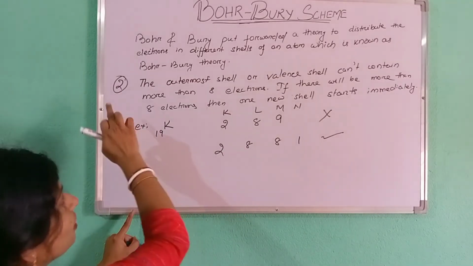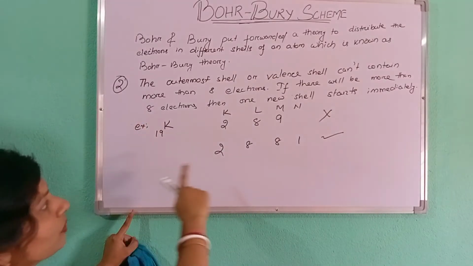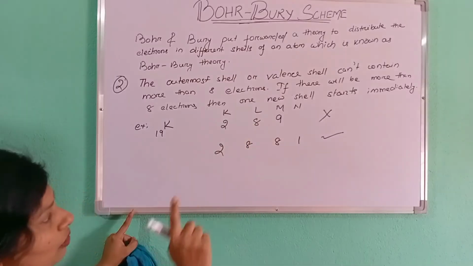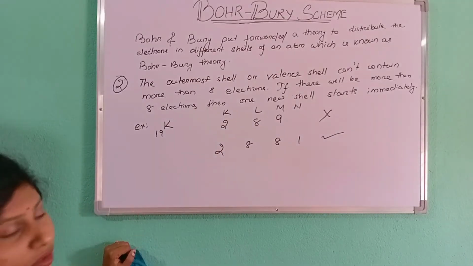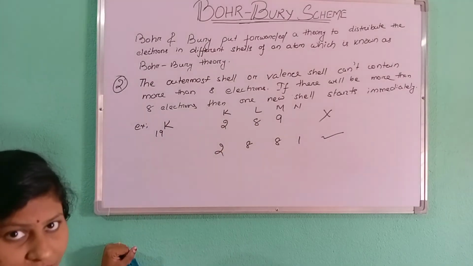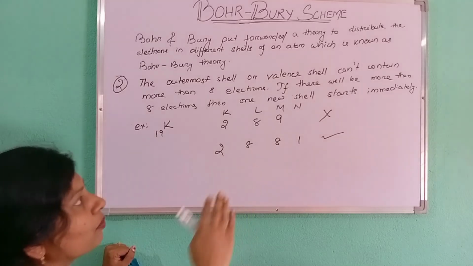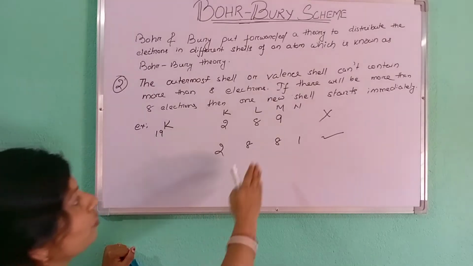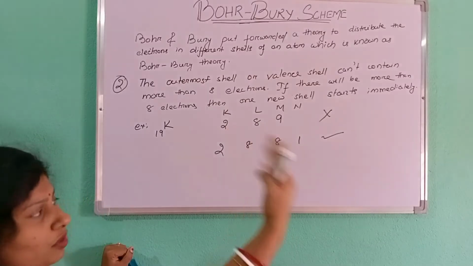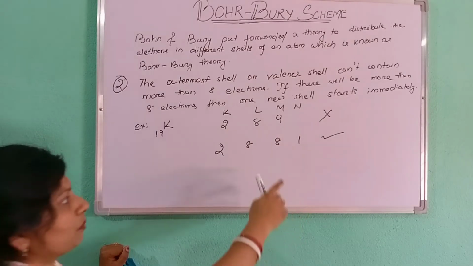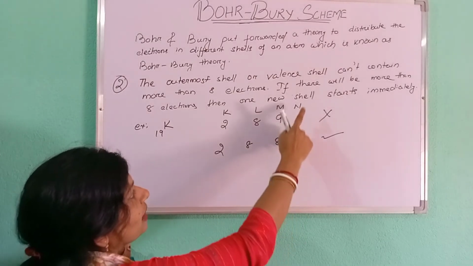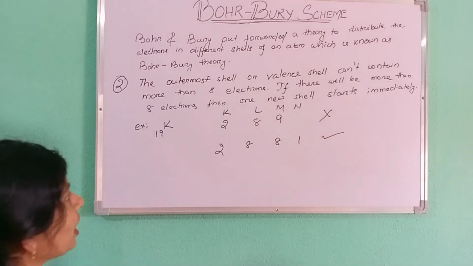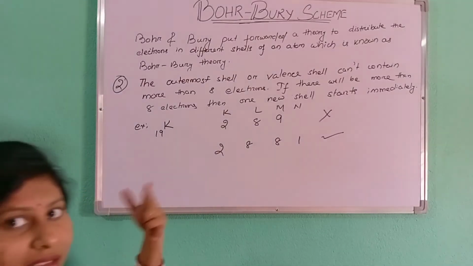According to the Bohr-Bury scheme, the outermost cell or the valence cell cannot contain more than 8 electrons. If we have more than 8, we have to start a new cell immediately. So this electron will accommodate in N cell. Clear? Now we will move to the hard rule.